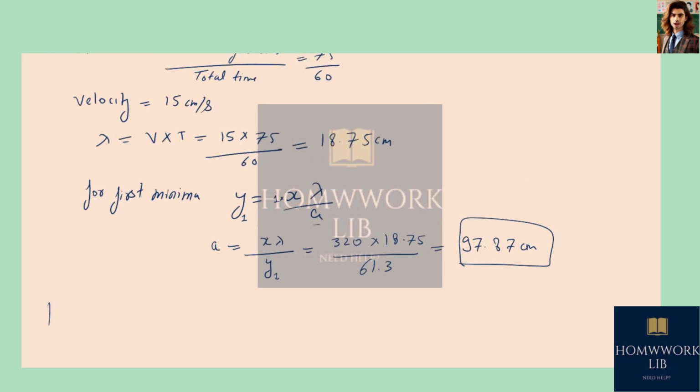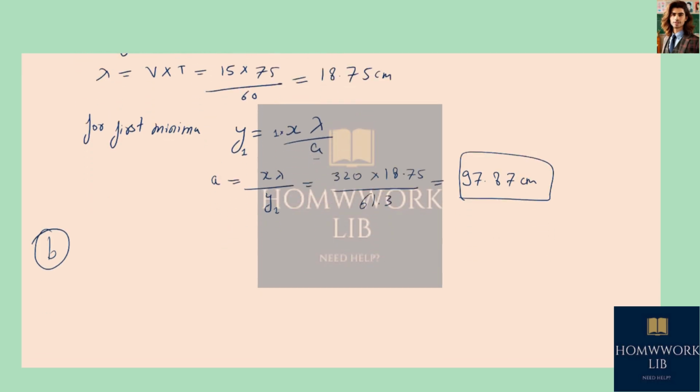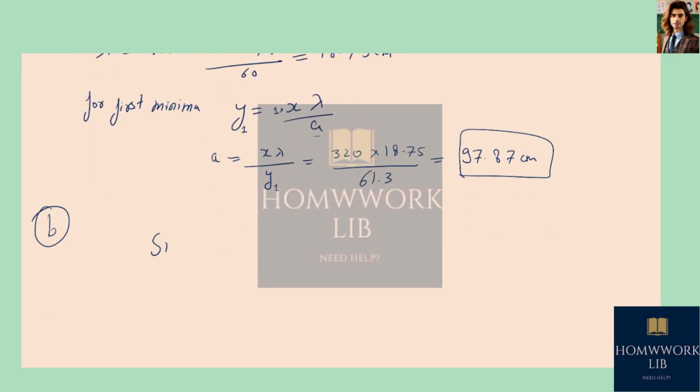Now in the second part, they are asking to find the angles for which no wave is hitting the shore. That is, we need to find the angles at which minima occur. We just have to use the simple diffraction formula, sine theta is equal to m times lambda by a.